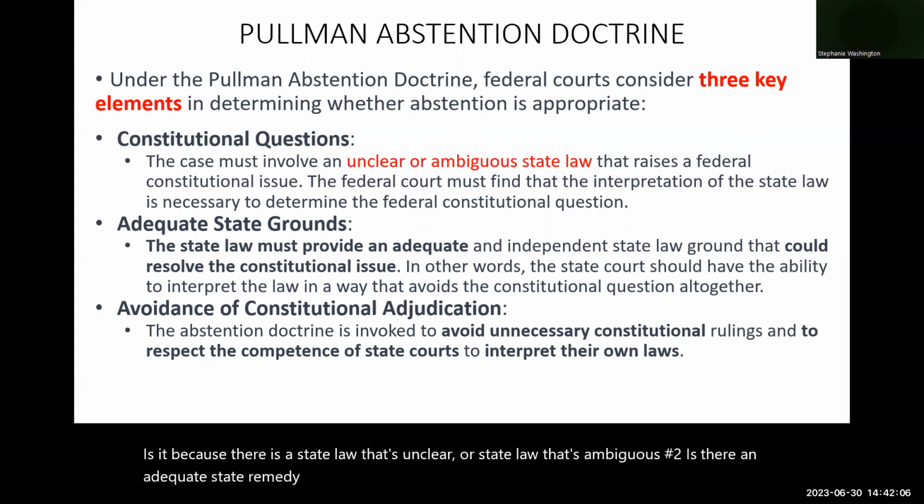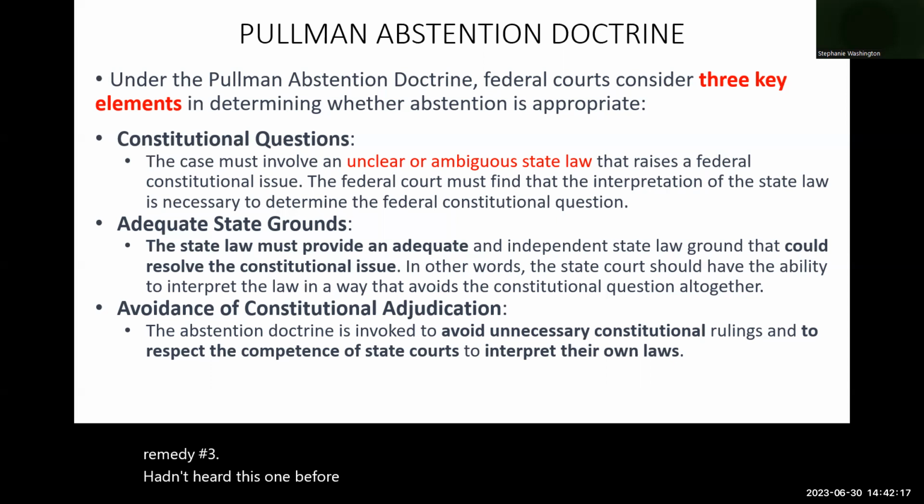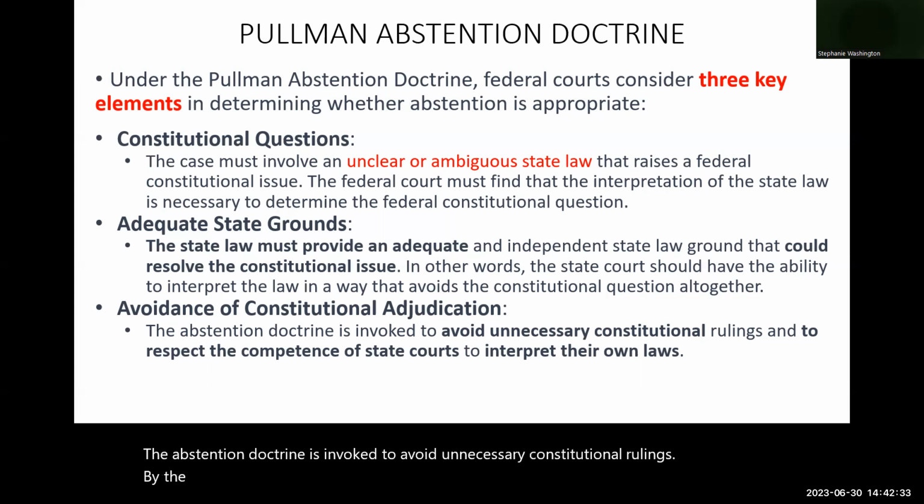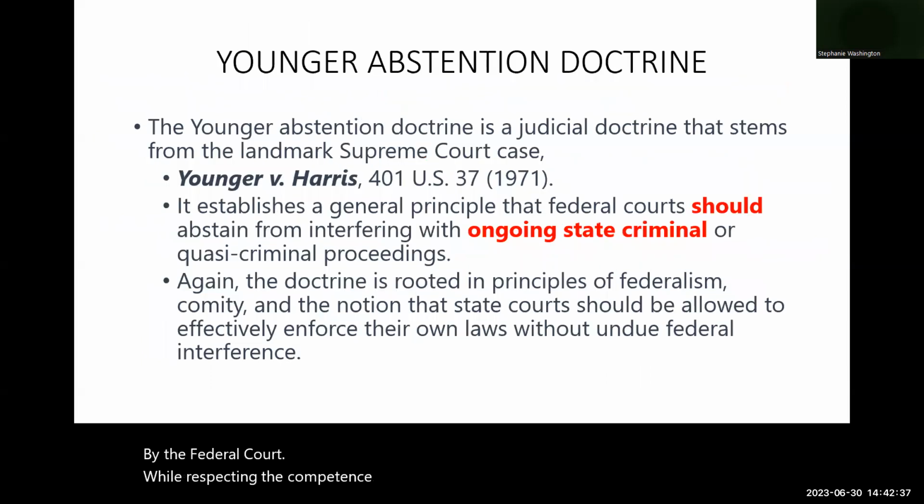The state law must provide an adequate and independent remedy. Number 3, hadn't heard this one before, avoidance of constitutional adjudication. The abstention doctrine is invoked to avoid unnecessary constitutional rulings by the federal court while respecting the competence of state courts.